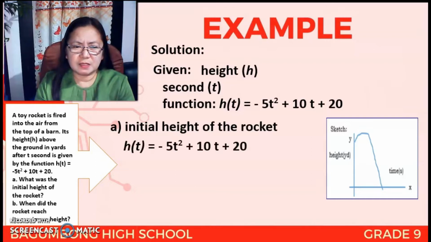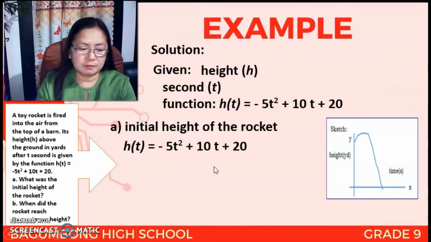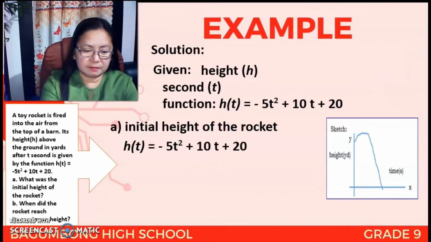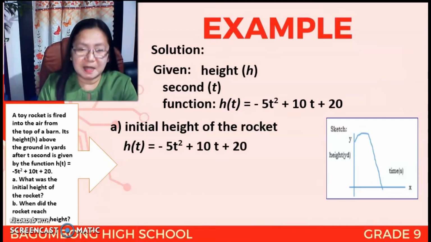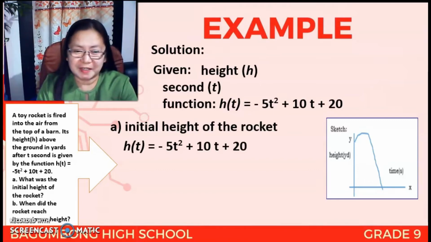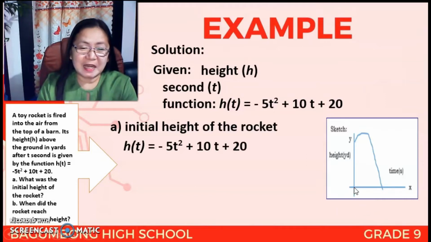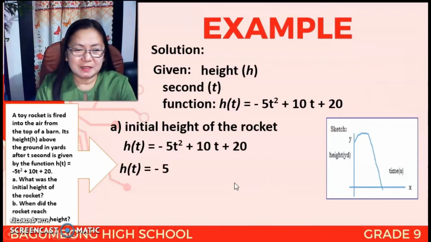Since the function is h of t is equal to negative 5t squared plus 10t plus 20, we will substitute t, time, to 0. Why 0? The initial height of the rocket is the height from which it was fired, so the time is 0.